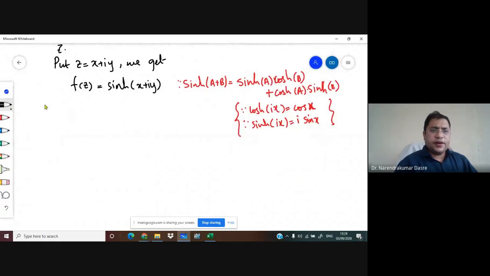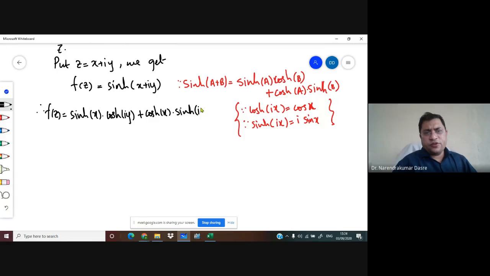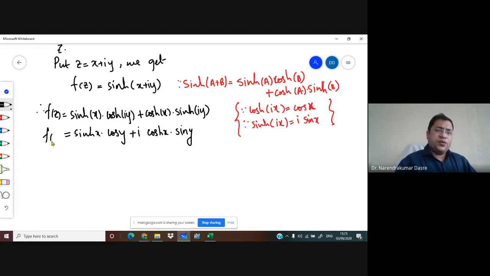So f of z is equal to hyperbolic sine x into hyperbolic cos of iy plus hyperbolic cos of x into hyperbolic sine of iy. Using the formulas, this is hyperbolic sine x cos y plus i hyperbolic cos x sine y. That's what we got for f of z.